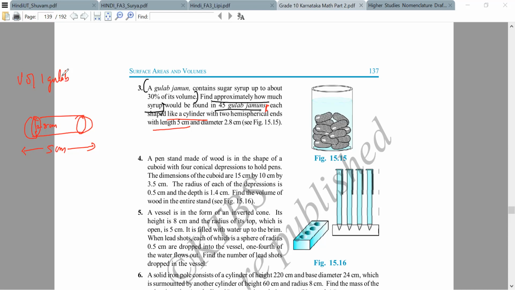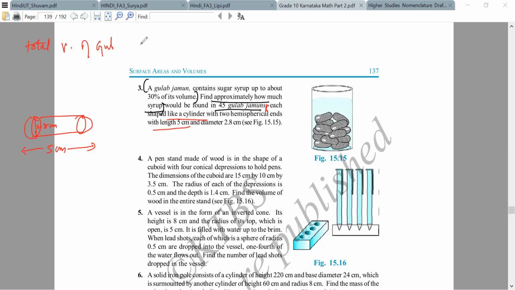Now let's decode. How will we do this? Let's start thinking behind it. Now they are saying we have 45 gulab jamuns. Whatever the volume of 1 gulab jamun is, multiplied by 45 will give me the total volume of gulab jamuns.